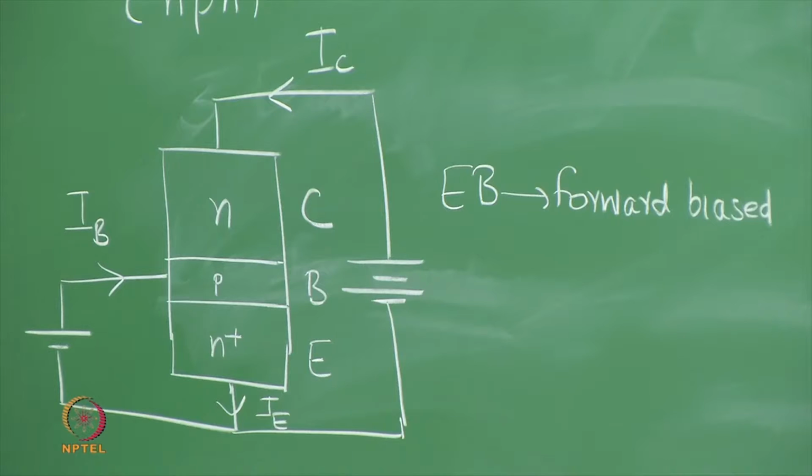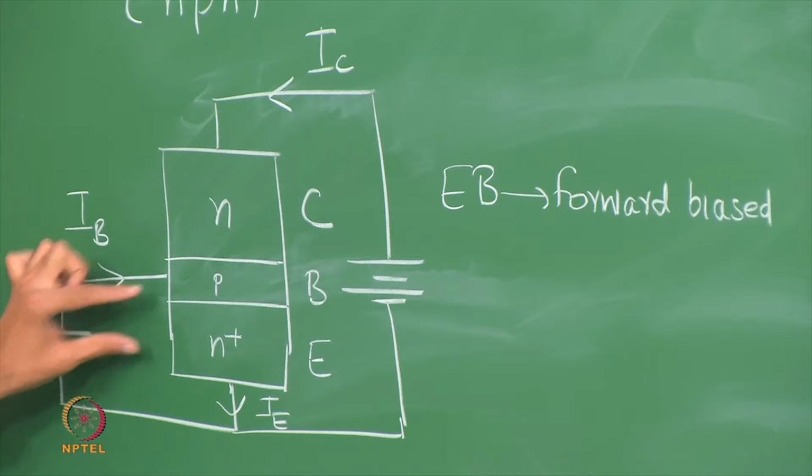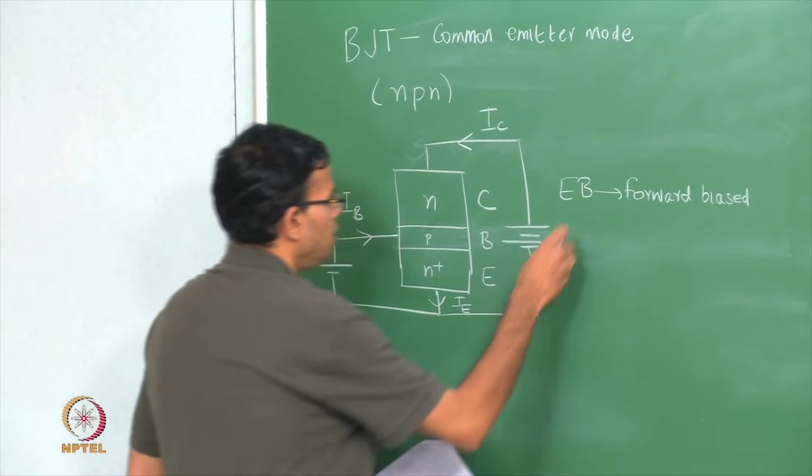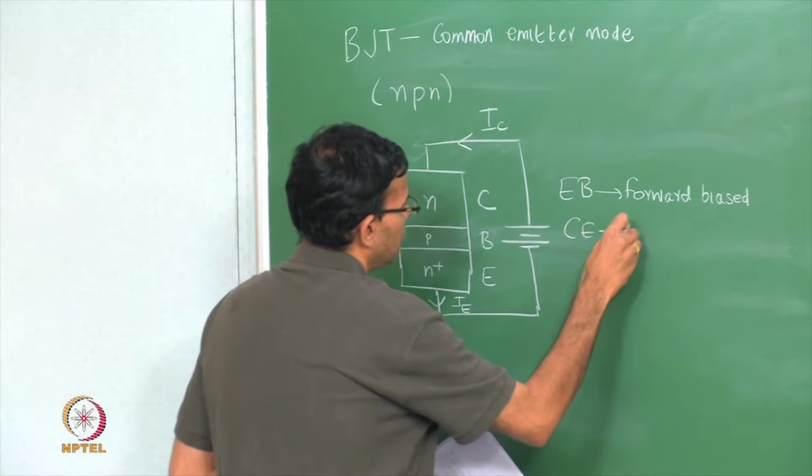I have the emitter and the base to be forward biased, and I have the collector and the emitter, because it is a common emitter mode, to be reverse biased.